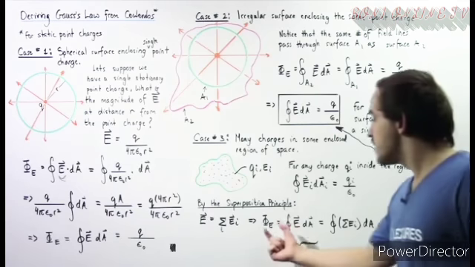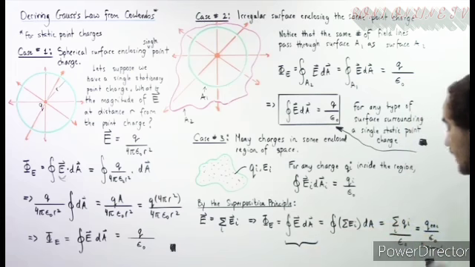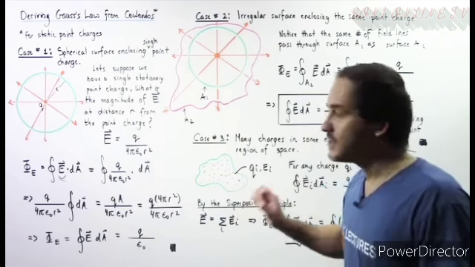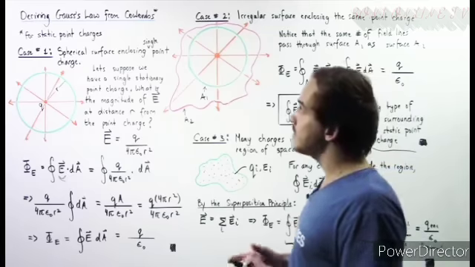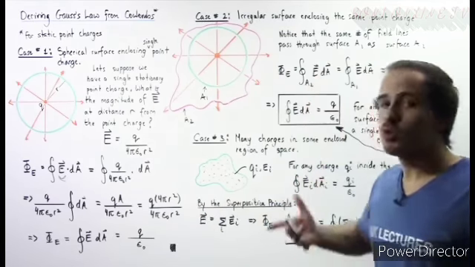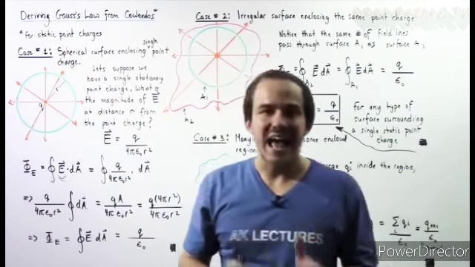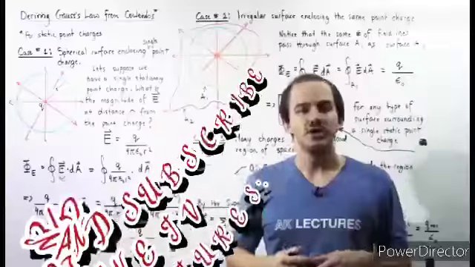And so we see that our electric flux, which is equal to this quantity, is equal to Q enclosed divided by epsilon naught. So we showed that each case is true, and this basically means that we were able to derive Gauss's law from Coulomb's law for the case when we're dealing with static or stationary point charges.